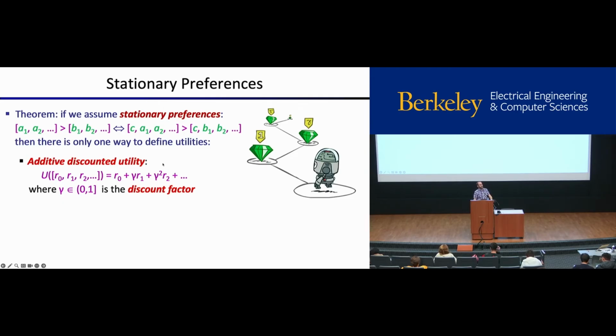If you make other assumptions, maybe it would suffice to say that you're indifferent between orders, then if you make that assumption, the only utility function would be just the sum of all these, discount factor of 1. Yeah? Is it possible that you progress in one of the sequences and then at a specific point, because the future reward is coming closer, you prefer the other sequence in the middle?